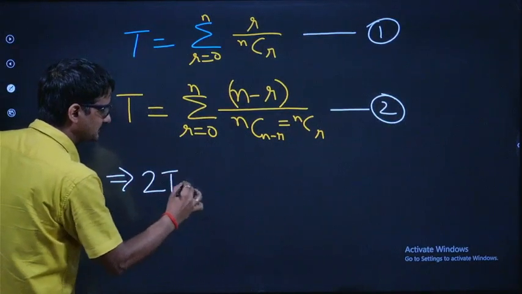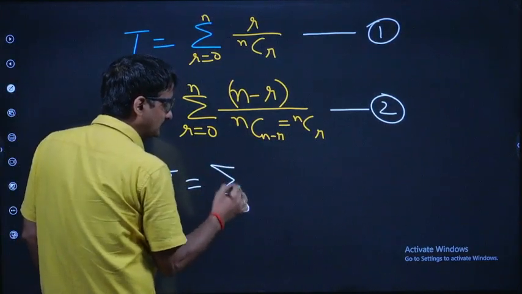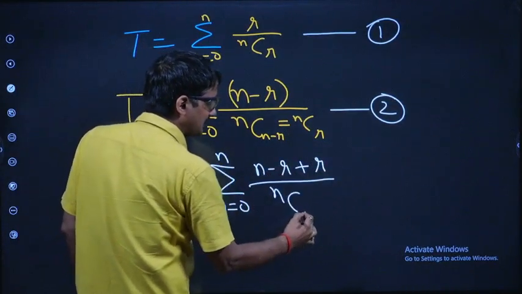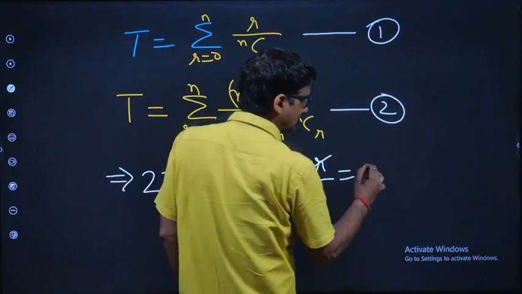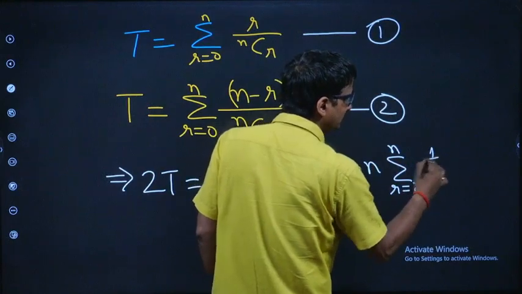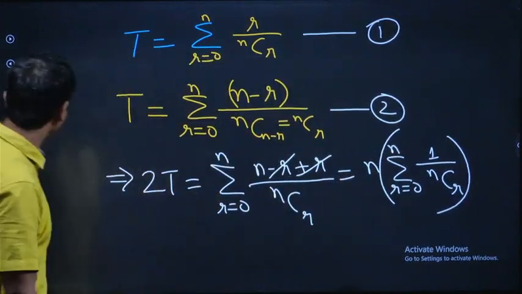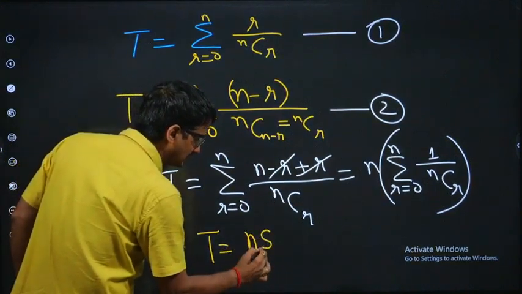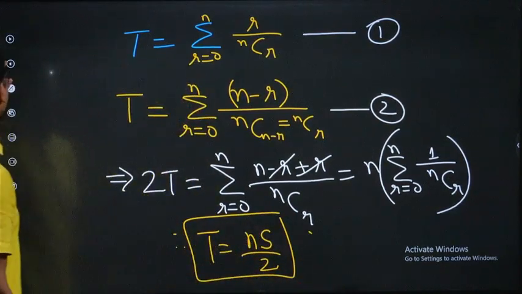So add them, t plus t is 2t, and here when you add them, r goes from 0 to n, denominator is same, numerator adds up, and then r disappears, and n is a constant with respect to your limit or variable of the summation, which is r. Now this is given to us, bachon. So what is it? That's s. So therefore t is nothing but n times s by 2. So that should be the answer for this series here.